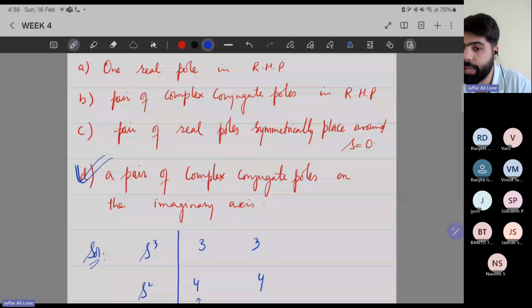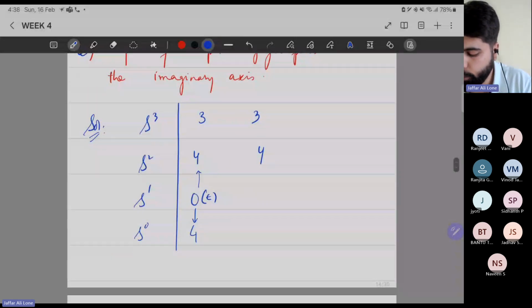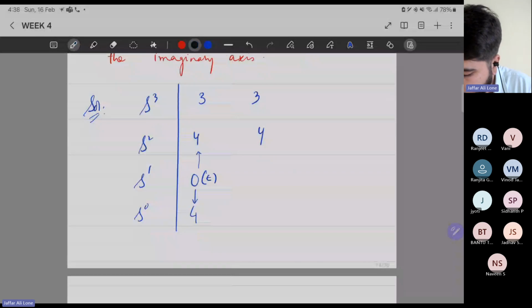But if the question is asking whether the system is stable, marginally stable or unstable, then you cannot do it like this. Then you have to make the auxiliary equation. The auxiliary equation in this case will be 4s squared plus 4. When you differentiate, it will be 8s.